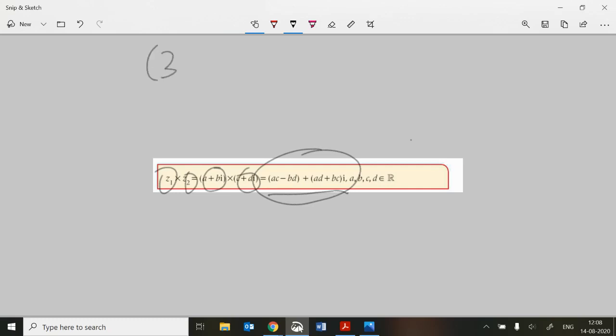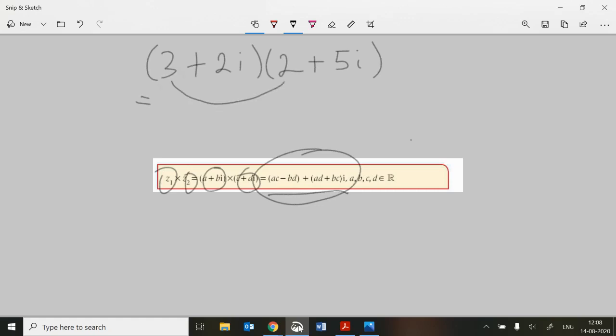Let's say, for example, we've got 3 plus, I don't know, 2i, and then, let's keep it simple, 2 plus 5i. When we multiply that out, we've still got the 4 things that are going to come out of this. In other words, your FOIL, if you like: firsts, outers, inners, lasts.